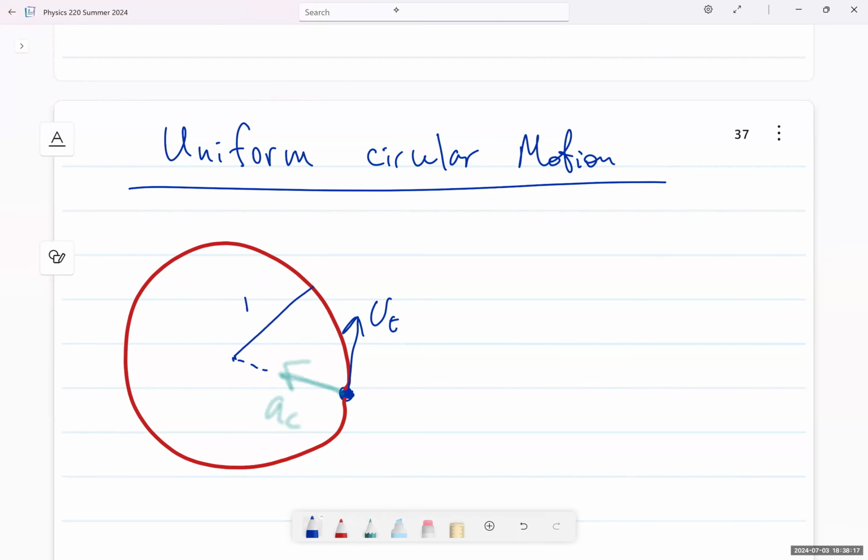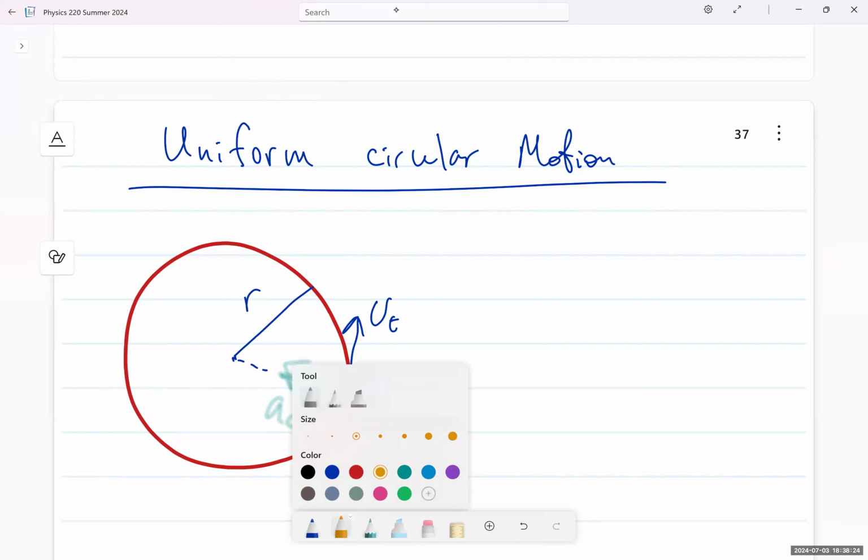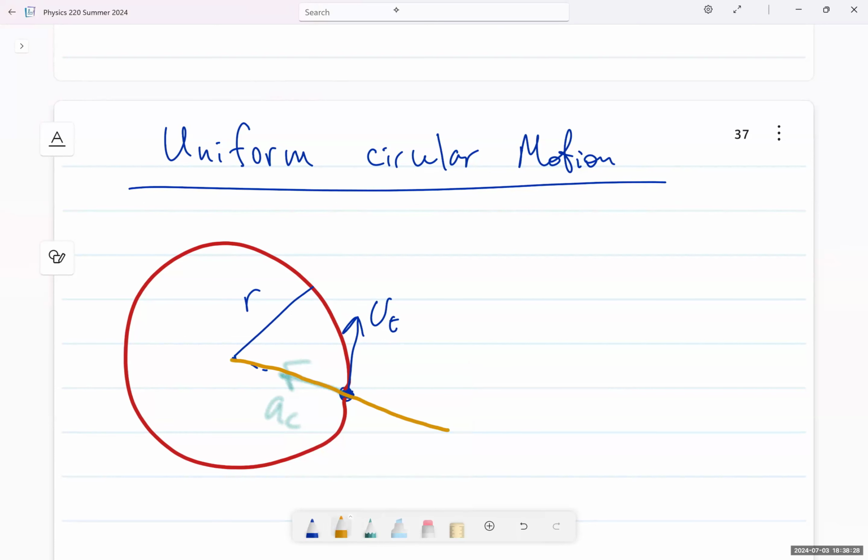So this will be the radius r. Then we can draw a line like this and call this the radial direction. So any force that gives us this centripetal acceleration has to be along that radial line. For example, if there's a force perpendicular to that radial line, this doesn't contribute to the calculation of the centripetal force, which we'll see in a couple of examples.